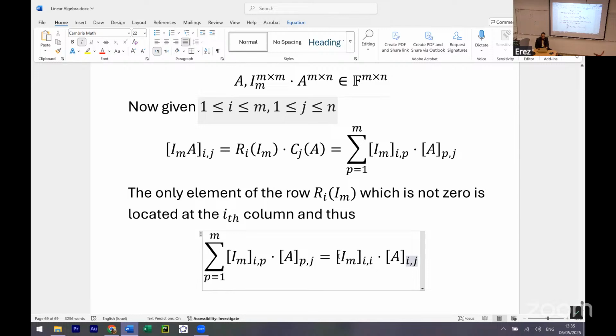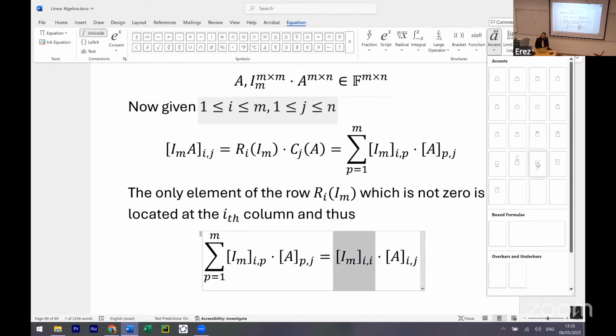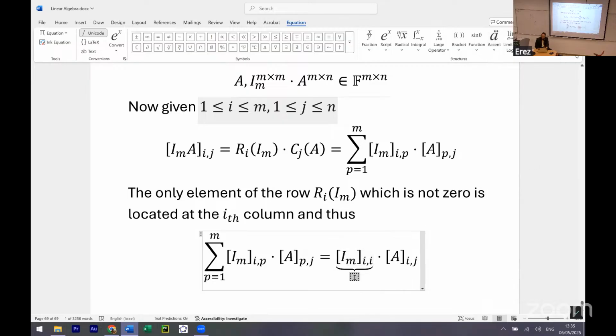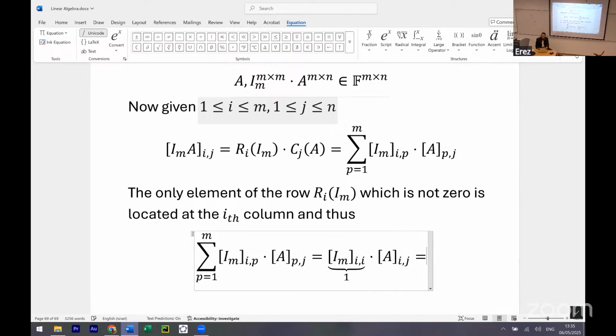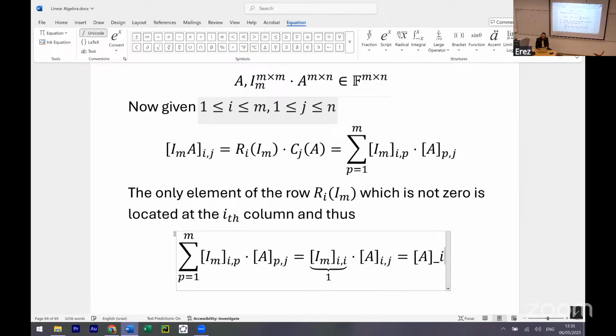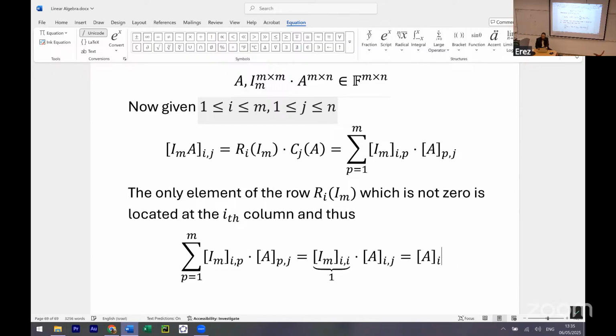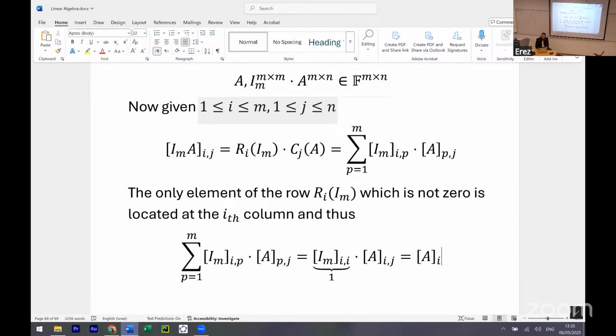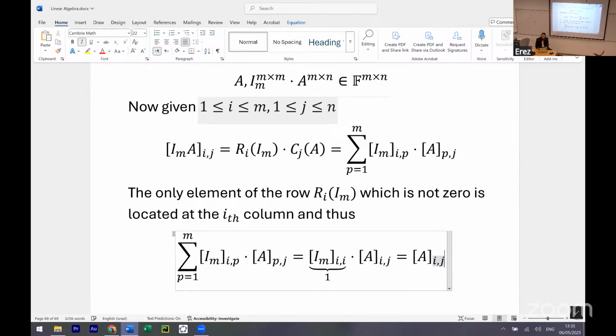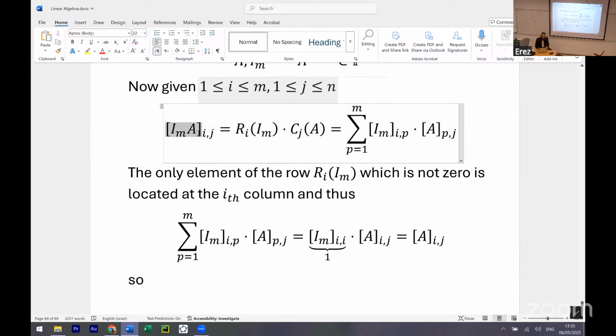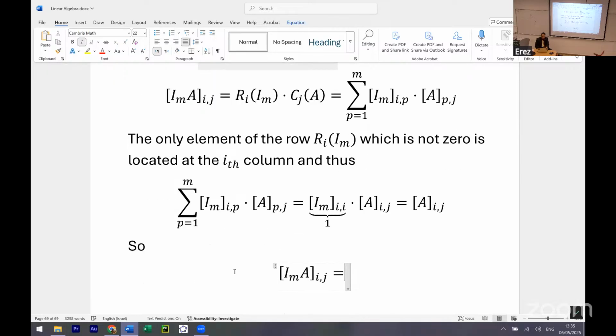And what does this element equal to? 1. And so that's A_ij. That's equal A at ij, and that's exactly what we needed to prove. So I_m A at ij is exactly A at ij, which is what we wanted to prove.